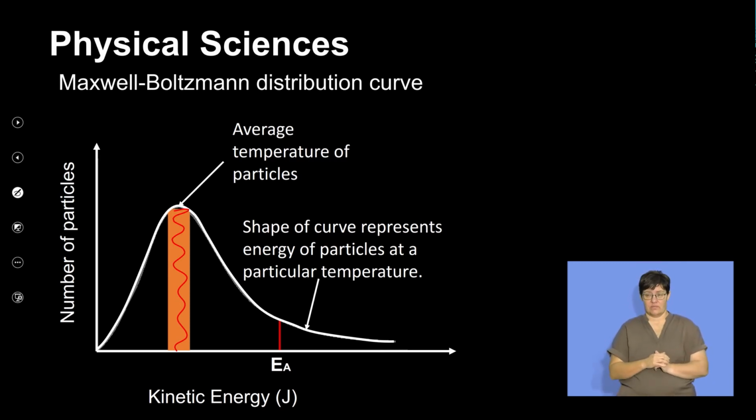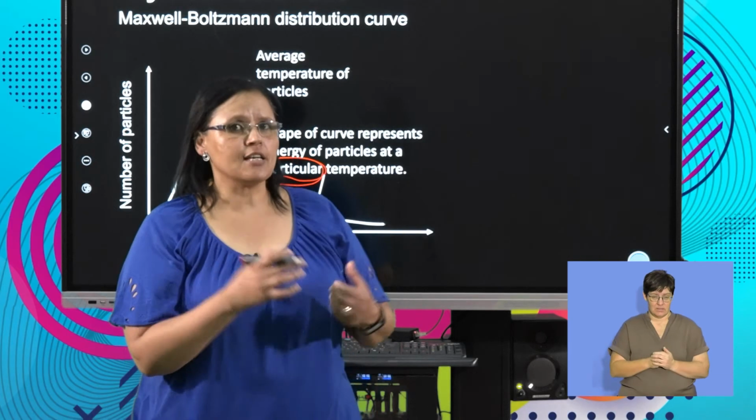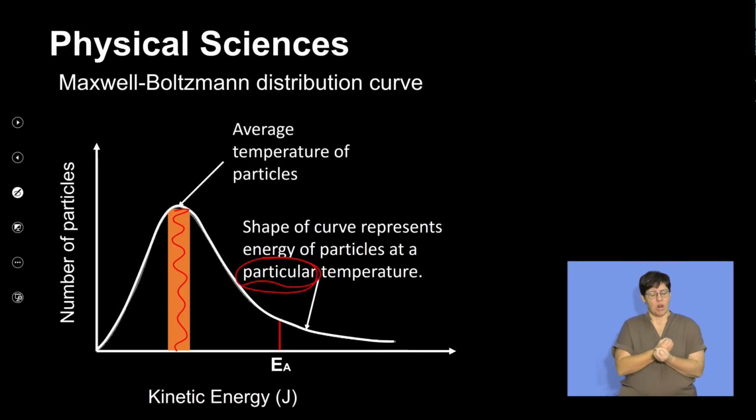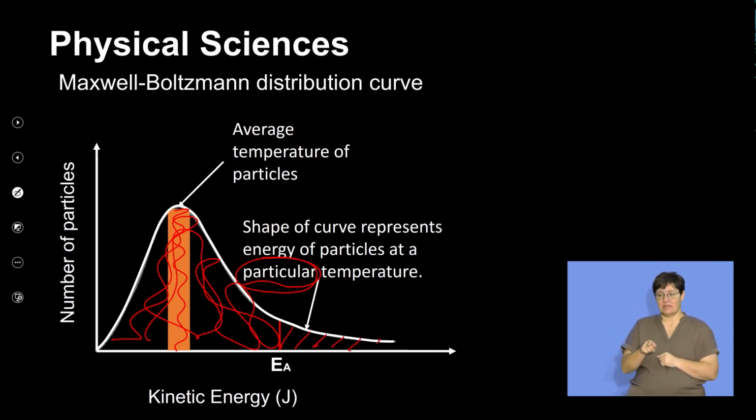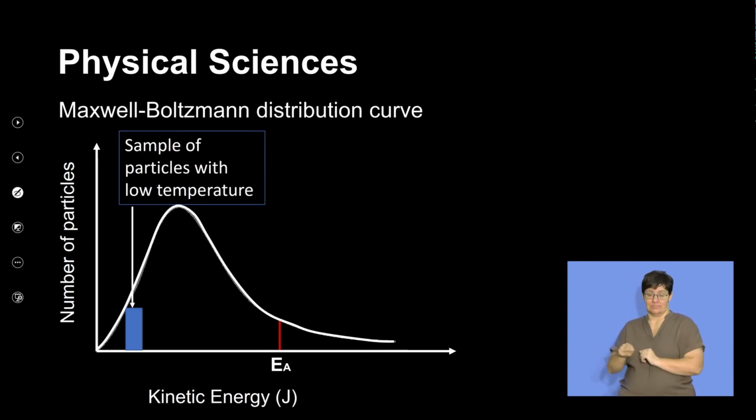This shape is at a certain temperature. At this temperature we have a lot of particles that move and collide, but only some of them will have effective collisions, and those effective collisions lead to product.